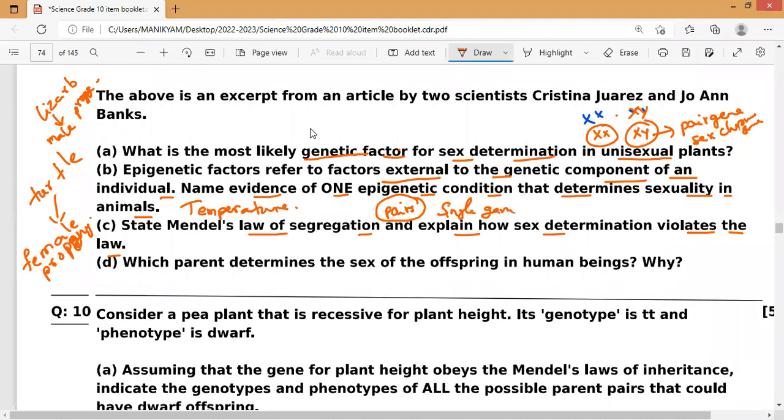So that is the law of segregation. Once again, the law of segregation is related to monohybrid inheritance or dihybrid inheritance, everybody? Monohybrid inheritance.